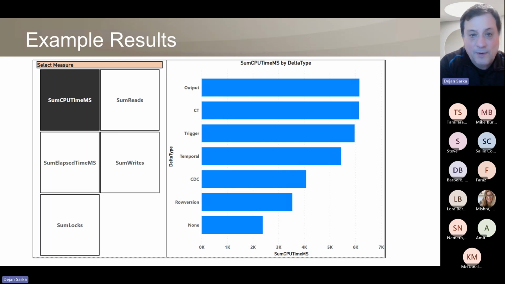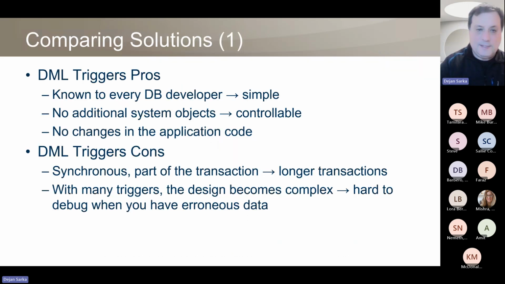Triggers don't modify structure and are pretty efficient. So probably, as I say, I would recommend temporal tables before row version, then maybe triggers, and definitely change data capture before change tracking, or maybe even better said, I would not recommend change tracking and output clause more or less at all.